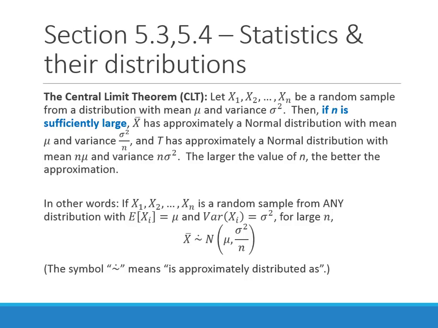Just to note, this funky looking symbol means is approximately distributed as. Without the dot, it means is distributed as, and with the dot, it's approximately distributed as. This is a very, very powerful result that we'll use to great extent in this class.